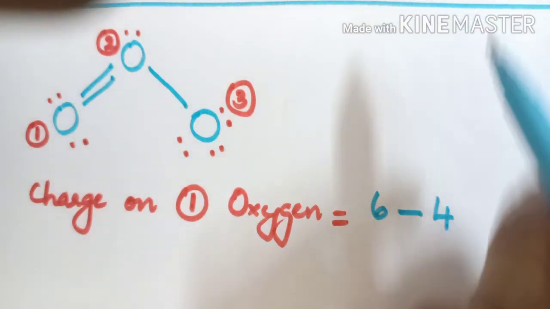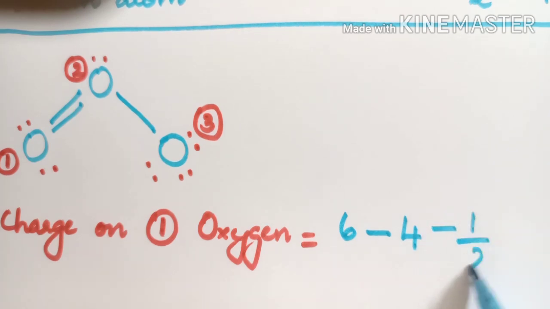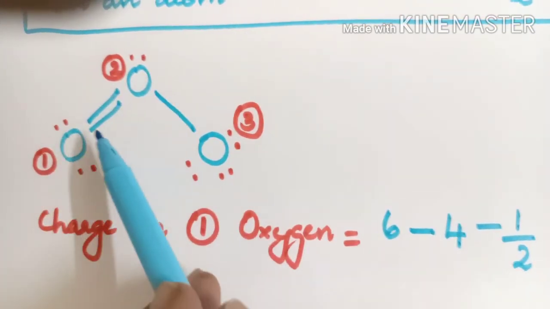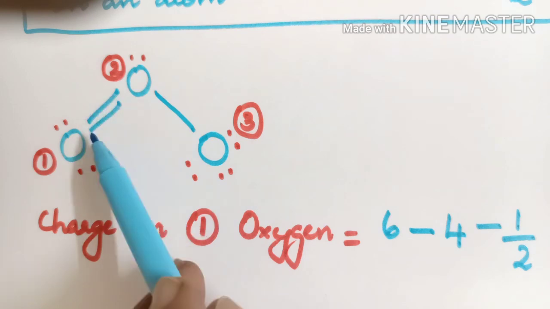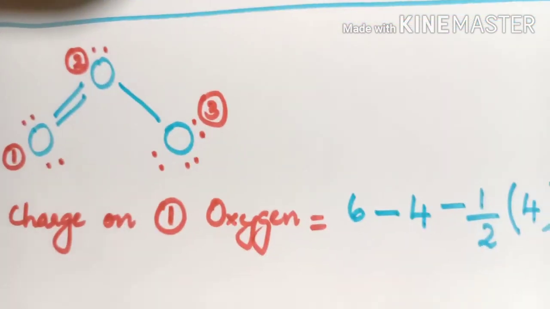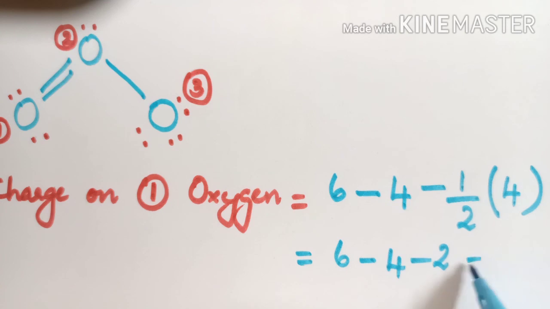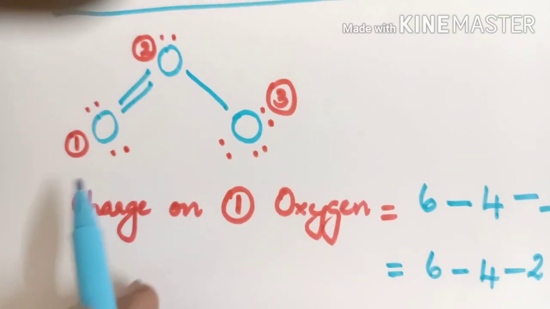So lone pair electrons are 4, minus half of, how many bonds are there? Here we have 2 bonds, which means a total of 4 electrons, half of 4. So the value becomes 6 minus 4 minus 2, which is equal to 0. That means there is no charge on the first oxygen.